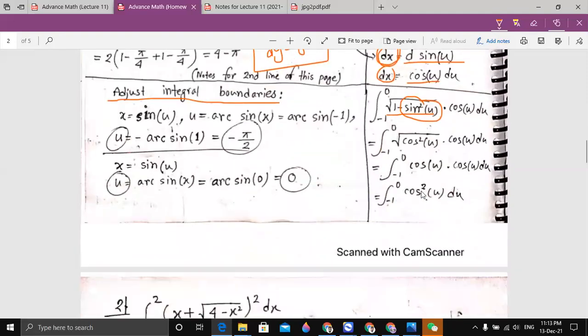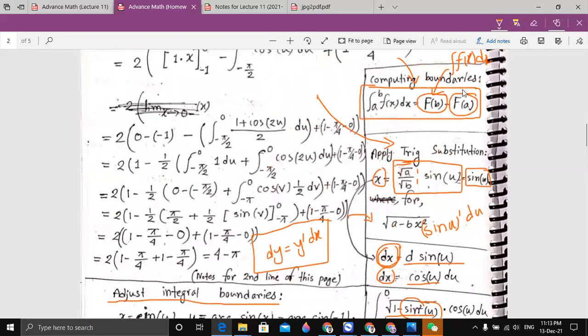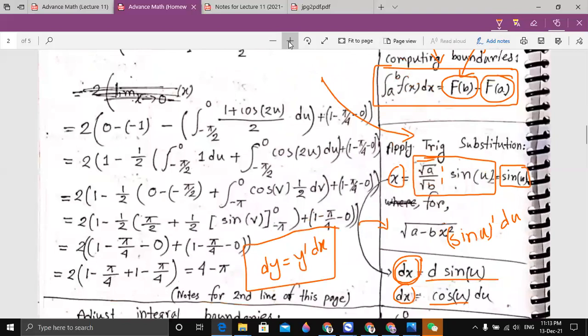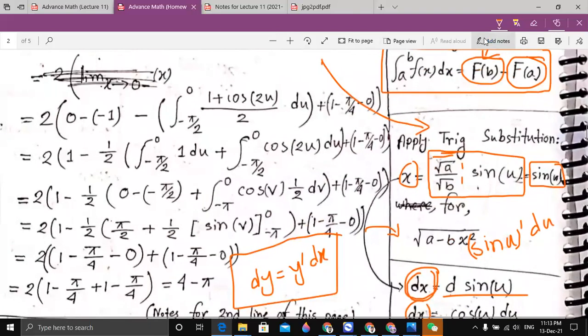So now, okay guys, can you look here? Let me zoom in. We got x equal to sin u, right? At the beginning, when we applied direct substitution, we got x equal to sin u.